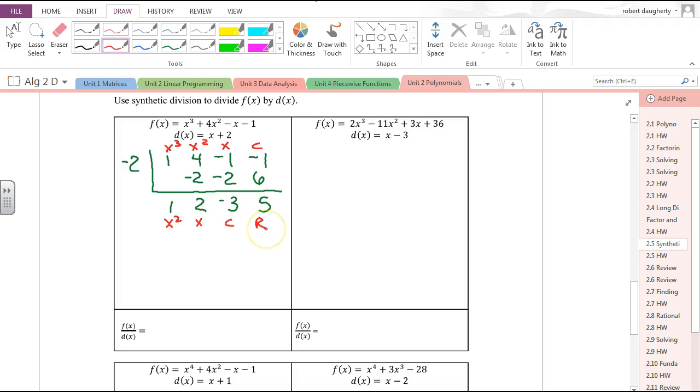That's my constant. And that's my remainder. So the answer to this division is what? What's the answer? You read it off the bottom row. X squared plus 2x minus 3 plus 5 over x plus 2.